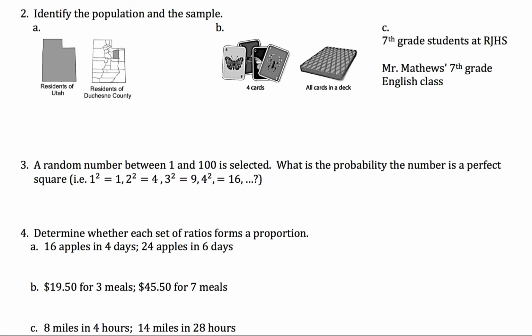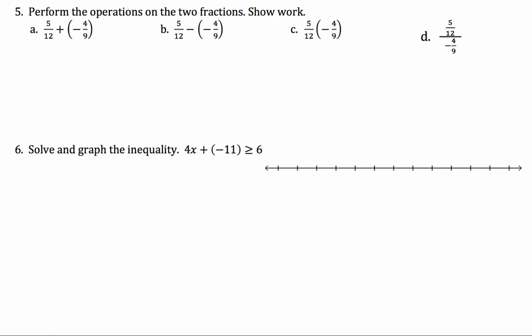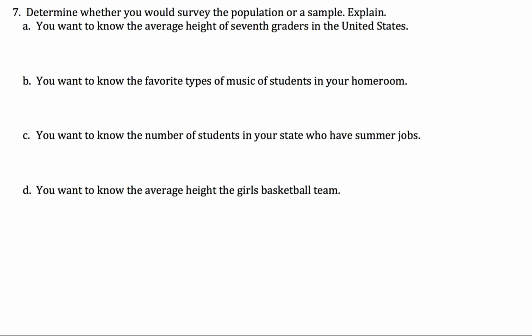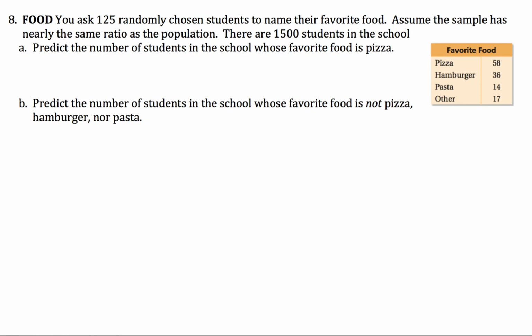Number 4, proportions. Number 5, fractions. Number 6 looks like you're going to solve and graph. Number 7, tell me whether you would survey the population or a sample and explain why. And number 8 is a question about food and a survey that was done on food.